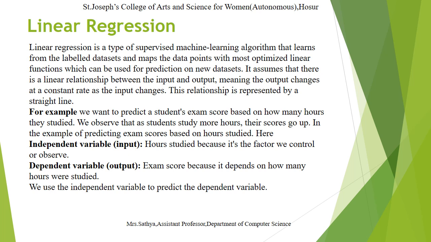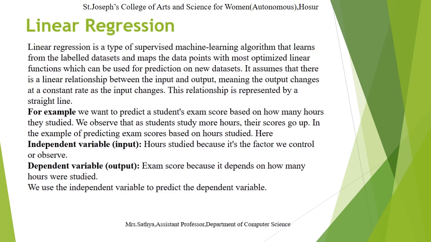So we use the independent variable to predict the dependent variable. Here we have to clearly explain what is an input and what is an output. The input is the independent variable that we give, and the output is the dependent variable, which depends on the input. Is that clear? Okay.